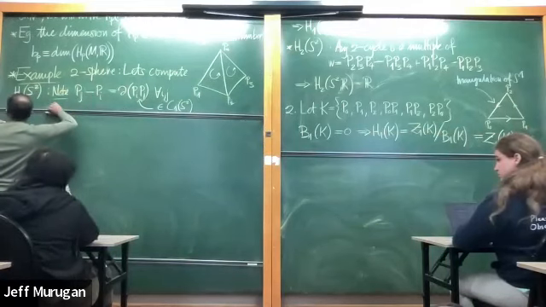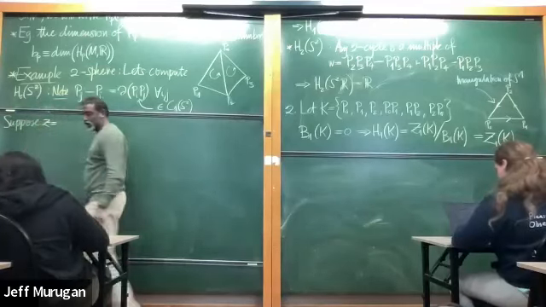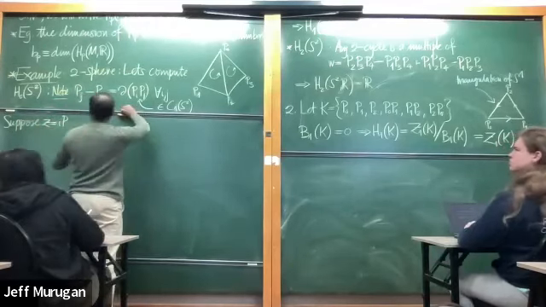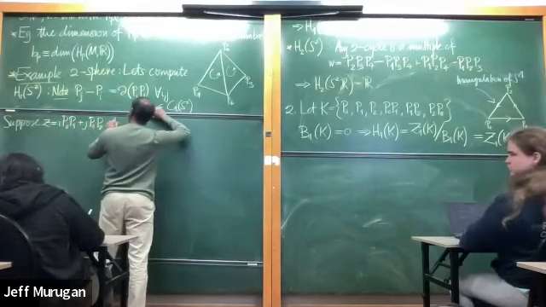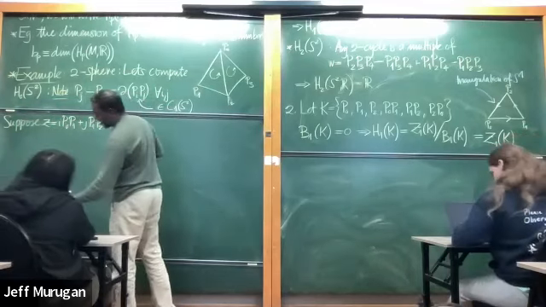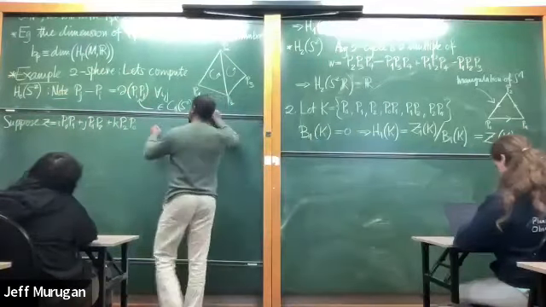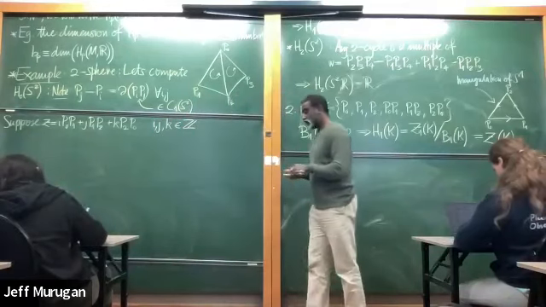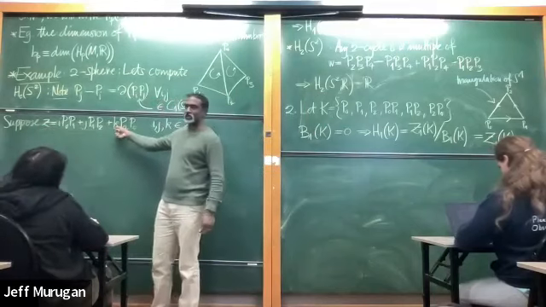Suppose I write z as, let's say, i P0 P1 plus j P1 P2 plus k P2 P0, and I'm going to take for this example i, j, k to be in Z. And I want this to be a cycle. The question is, what are the constraints on i, j, and k that make this a cycle?